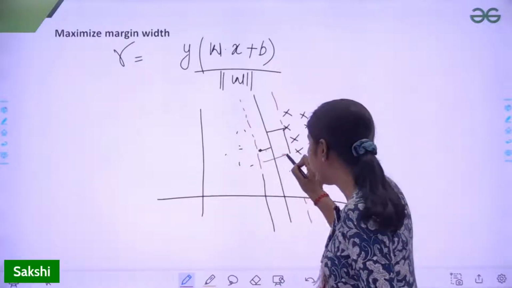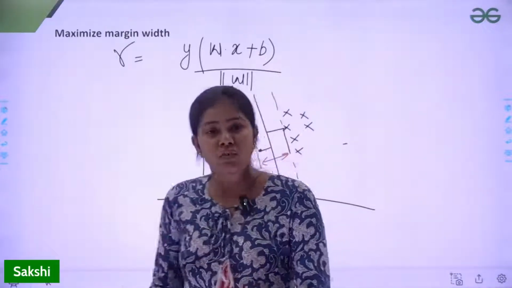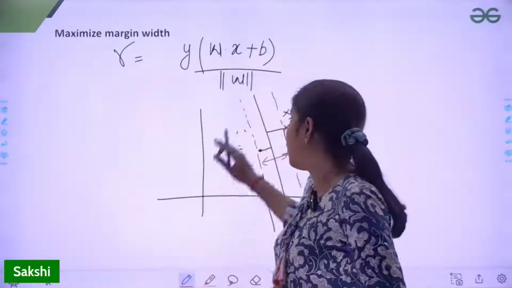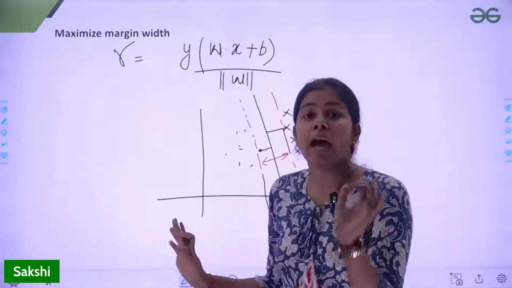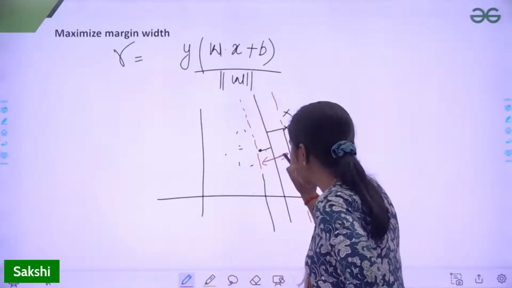I have to increase this margin width, I have to maximize it as much as possible for the support vector machine, right? Or I can say that I have to find that decision boundary such that this distance is maximum.